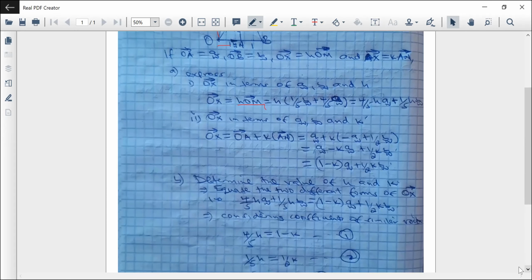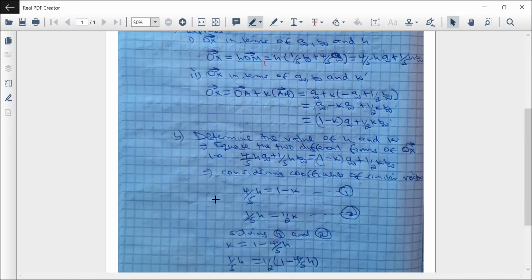Now determine the values of H and K. To determine the values of H and K, you equate the two different forms of vector OX because vector OX is just vector OX. What do I mean? I take vector OX in terms of A, B, and H and equate it to vector OX in terms of A, B, and K. From there, you equate the coefficients.